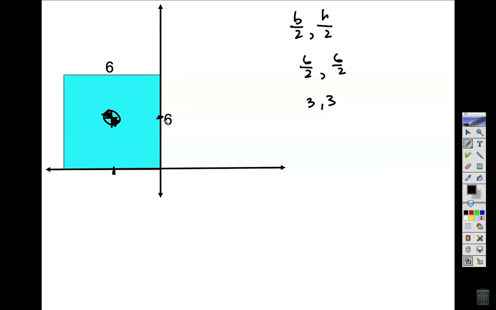But the overall is in the xy. Since this is on the left side of the x-axis, this is negative 3, comma 3. The area of this, base times height, or side squared, area is equal to 36 inches squared.